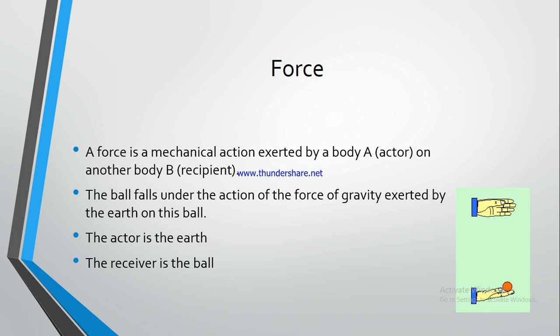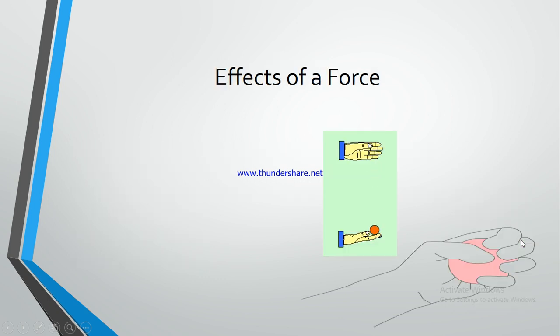Each force has an effect. So why did the ball move downward? Because the earth attracted it downward. So the effects of forces are: a force may let an object move, so the gravity of the earth let the ball move, so it causes this motion.